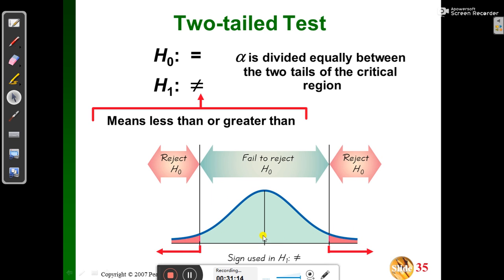Whenever the value of Z lies here, we can accept the null hypothesis. But if not, the alternative hypothesis is true and the null hypothesis is false, and that is why we can reject the null hypothesis. If the value falls in this category, we reject the alternative hypothesis but accept the null hypothesis.